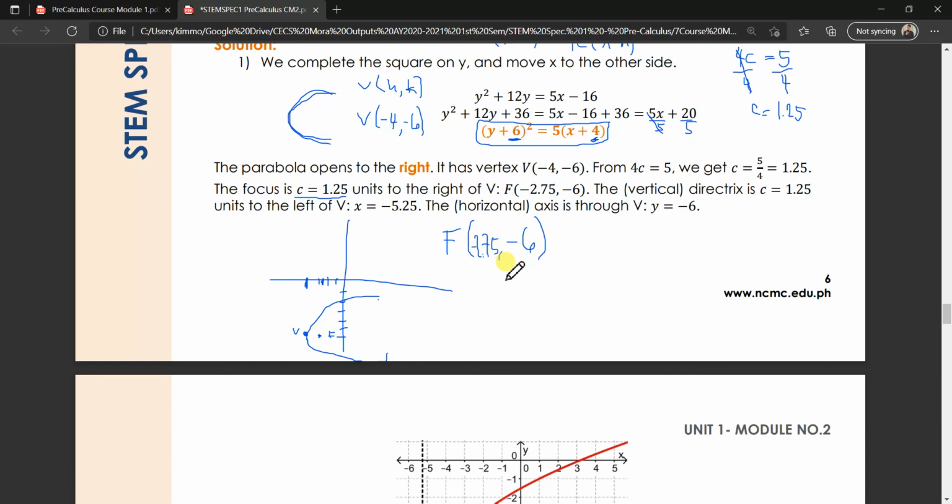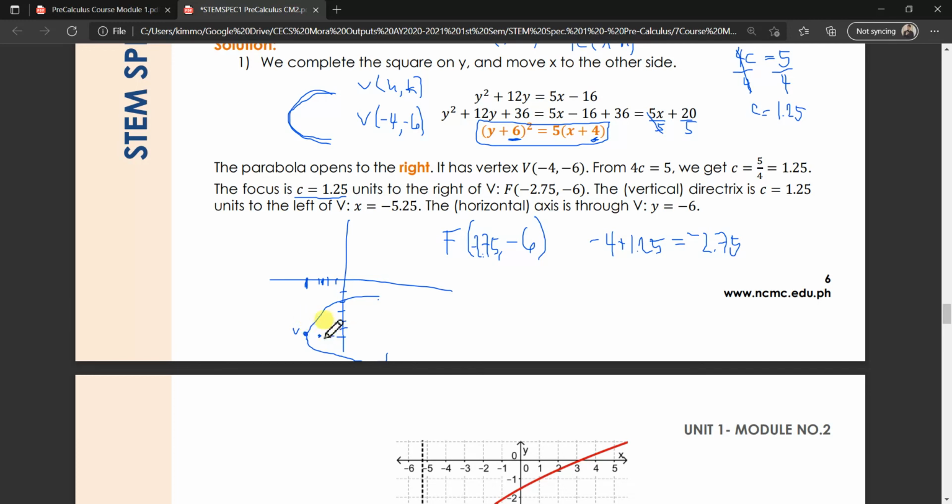Or you can add it: from negative 4, just add 1.25. So you will get negative 2.75. You just add 1.25 steps.